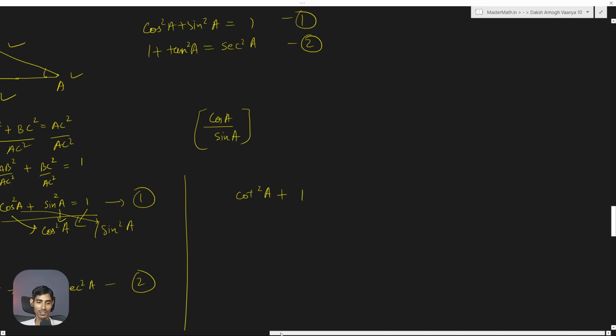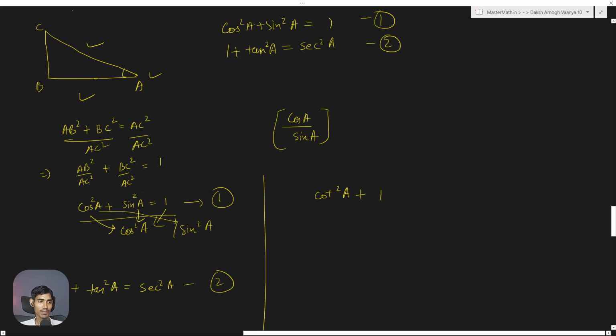Are you able to follow this, or is it off track? Okay. And 1 by sine square A is, Naveen, what is happening?